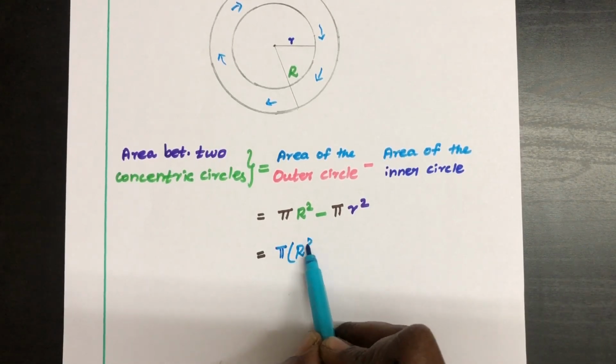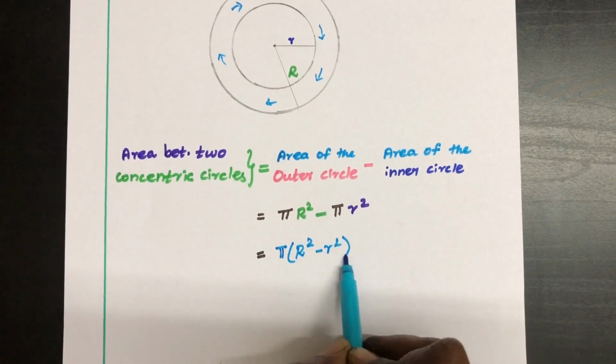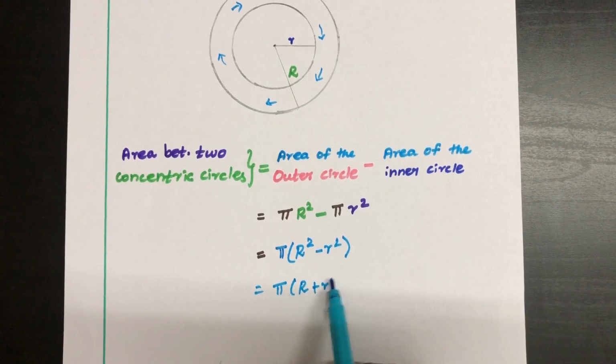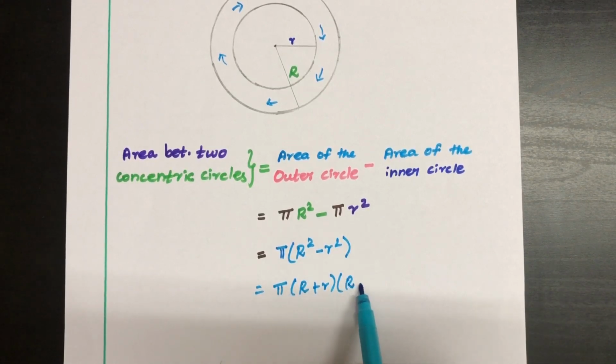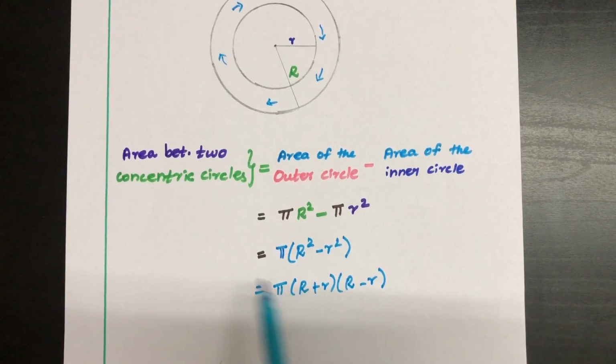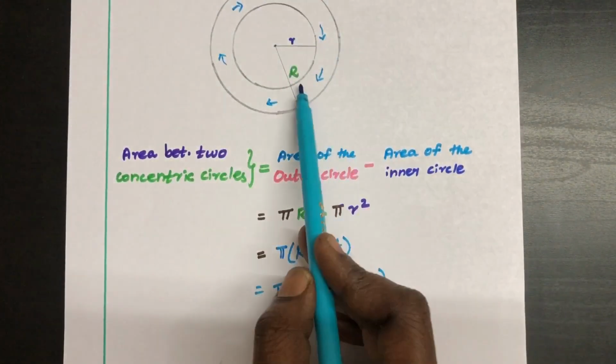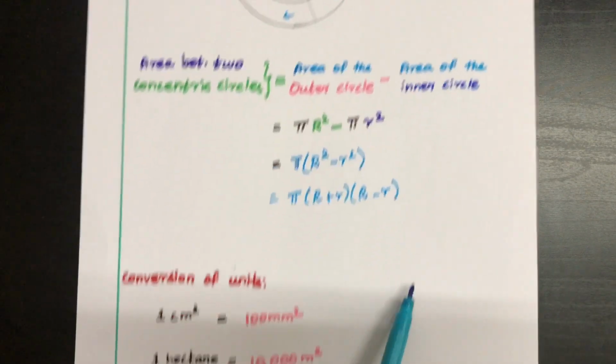This is R square minus small r square, which is equal to pi into, the formula is there, no? a square minus b square is a plus b into a minus b. So R plus r into R minus r. This is the area between two concentric circles. If you want only this area, this is the formula.